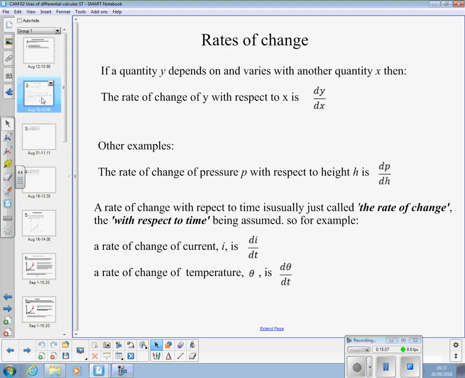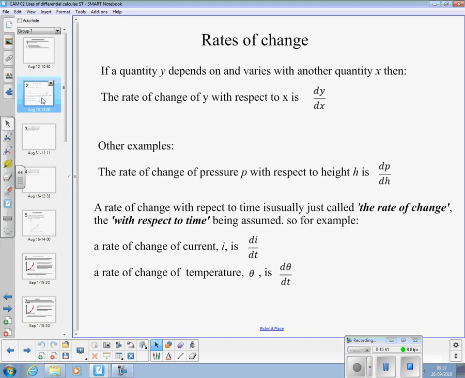So, rates of change. If a quantity y depends on and varies with another quantity x, then the rate of change of y with respect to x is dy by dx. That's what you're doing when you find dy by dx. You're finding the rate of change of y with the change in x. So how fast does y change when x changes a certain amount? We could have the rate of change of pressure with respect to height, dp by dh, if p is pressure and h is height.